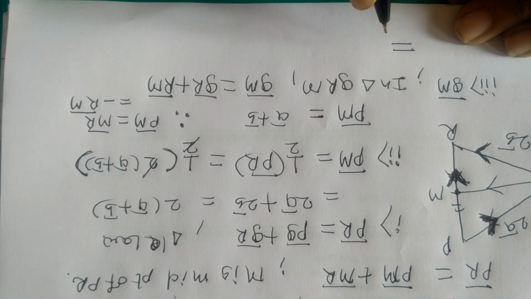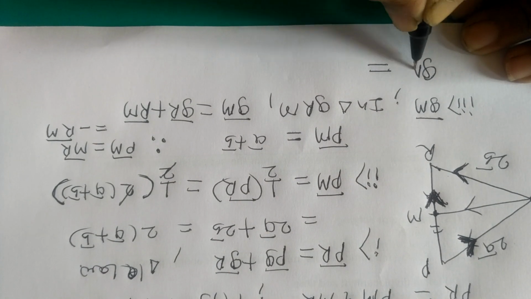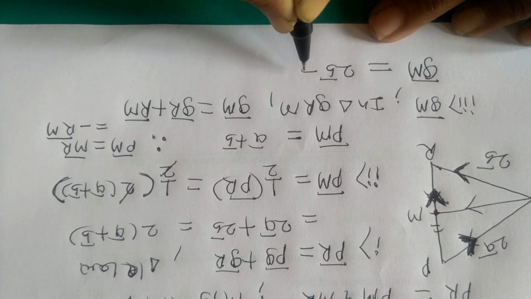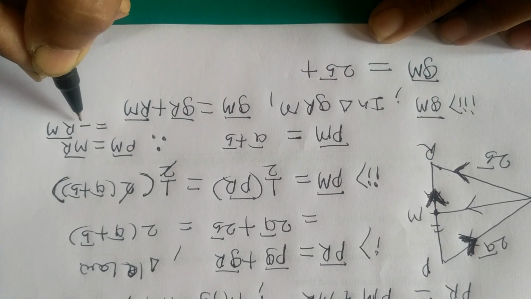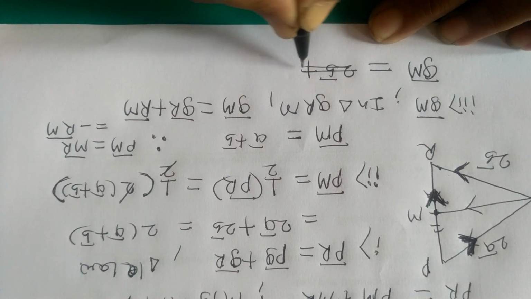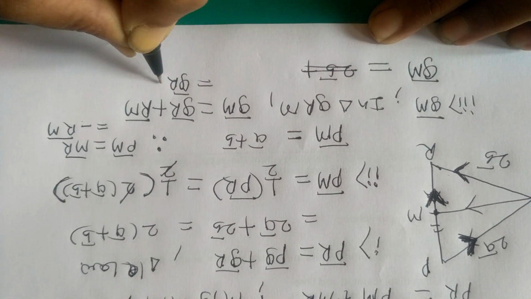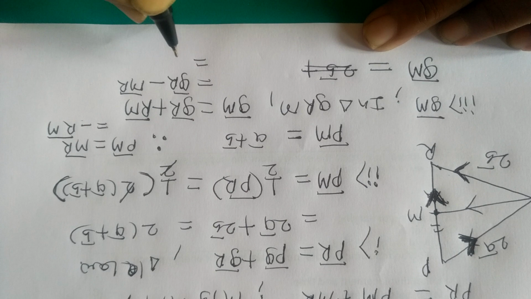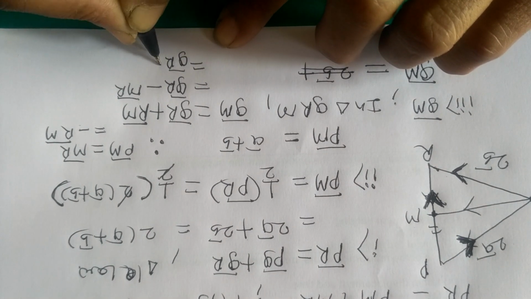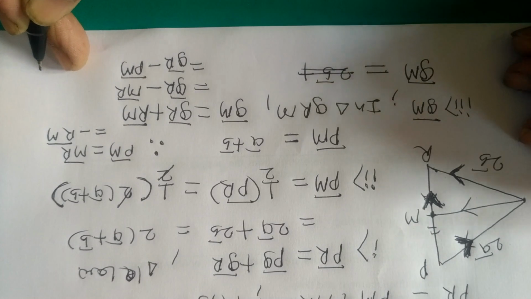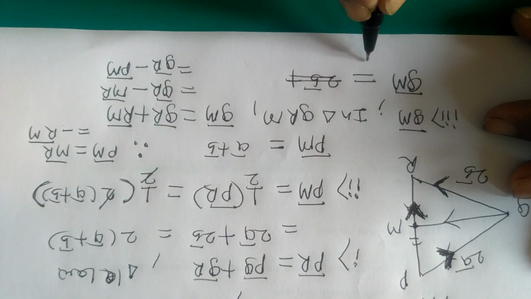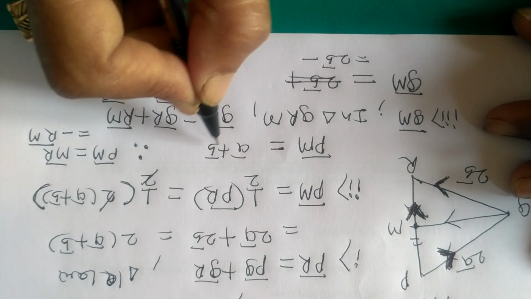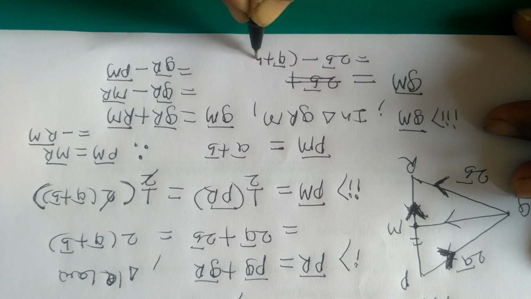So easily we can write QM bar is equal to QR bar, which is 2 times B bar, plus RM bar, and shifting the minus sign, this is QR bar minus PM bar. Therefore the required QM bar is equal to 2B bar minus PM bar, where PM bar is A bar plus B bar.